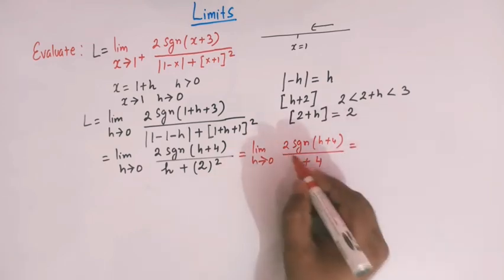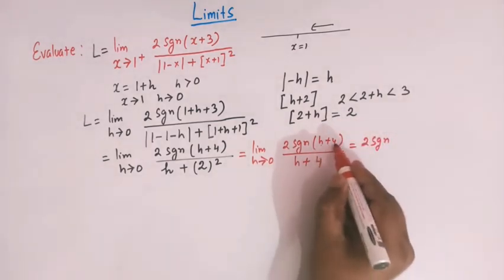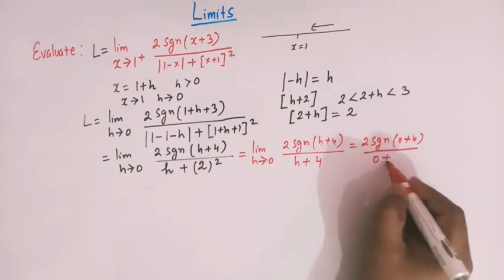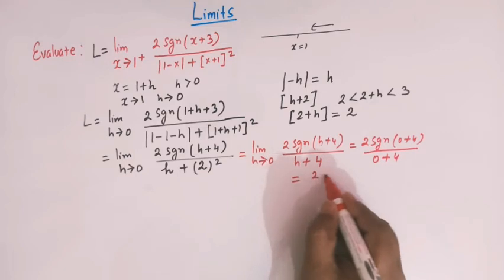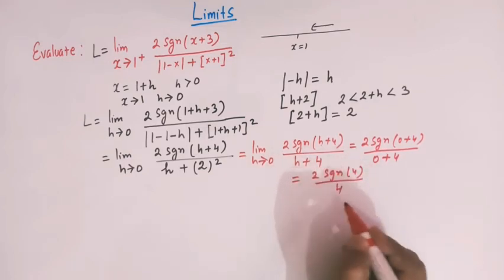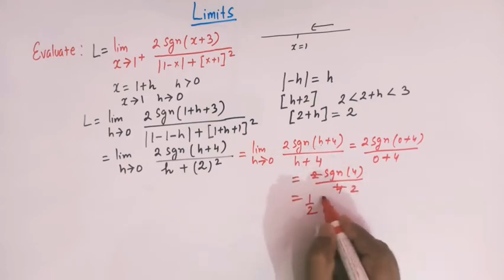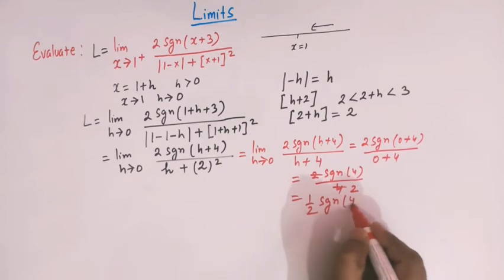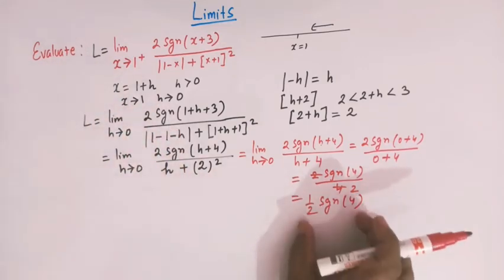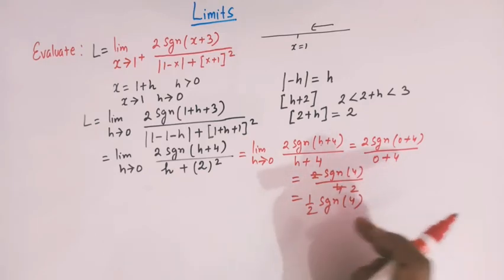So we have now 2 times signum of 0 plus 4, right? 0 plus 4, and here we have 0 plus 4, and this is 2 times signum of 4, and here we have 4, right? So 2 twos are 4, so we have half of signum of 4, right? So the value of this limit L can be taken as this expression, but here we'll express it in some other way.